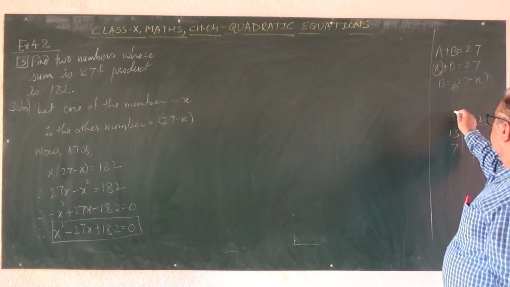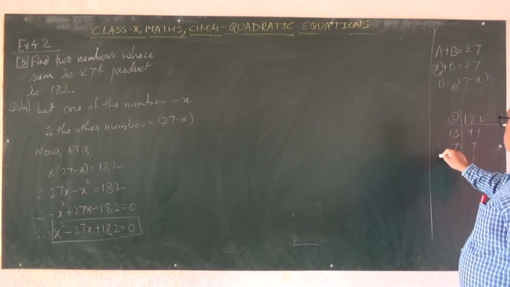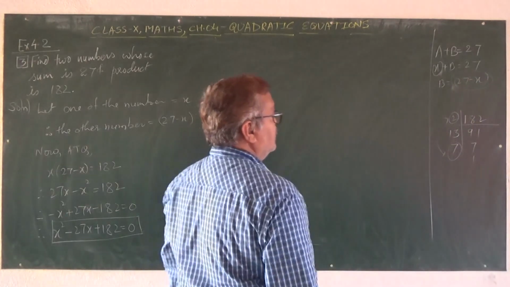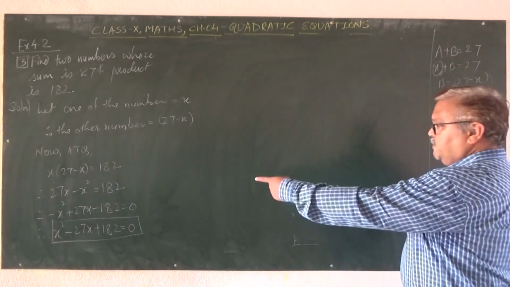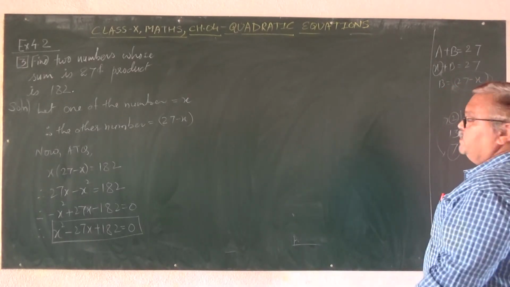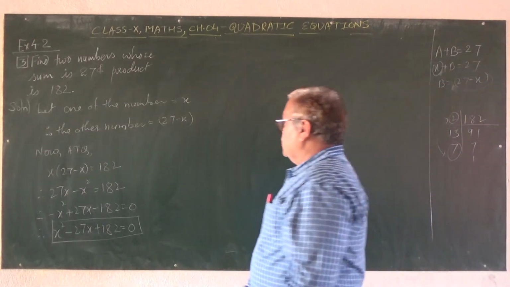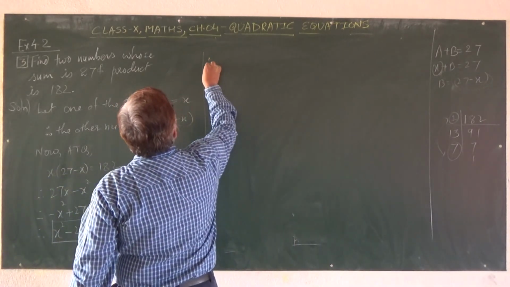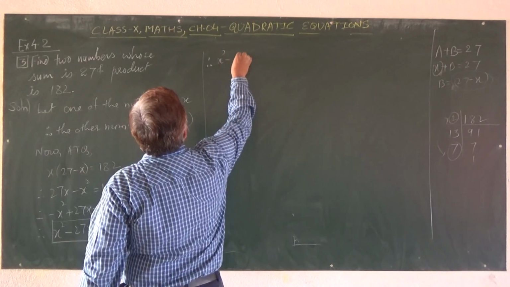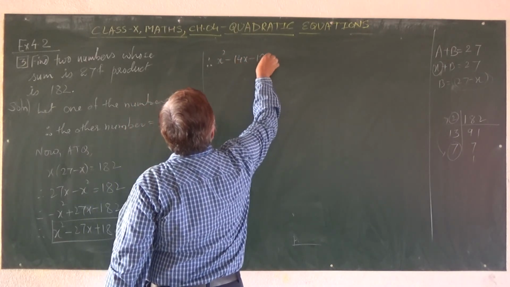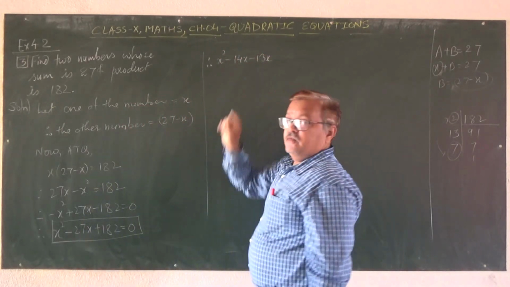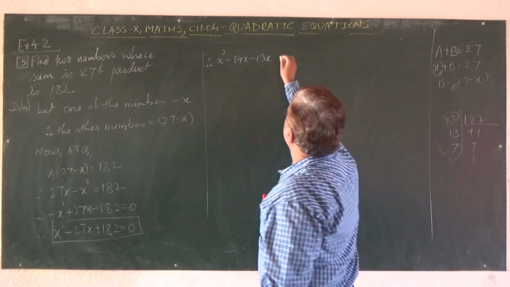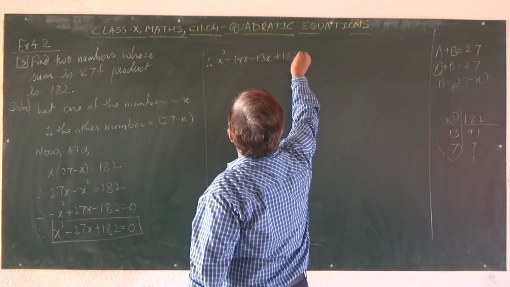So you got 2 and 7, multiply these: 7 twos are 14. Okay, so 14 and 13 is 27, and the product is 182. So definitely we got it. So minus 14 and minus 13. So therefore x square minus 14x minus 13x, minus 14 minus 13 is minus 27 and their product will be plus 182.